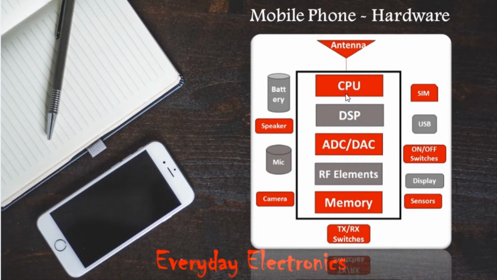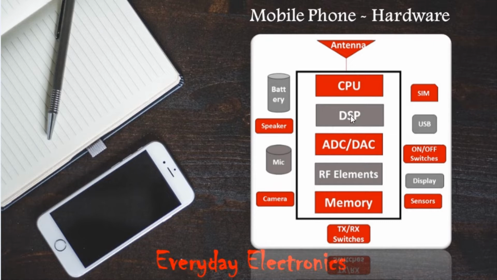First, about the central processing unit. Actually, it is the heart of the design of the phone and it controls all the processing within the system, and various operating systems run on the particular CPU, that is Android, Windows, Apple or some other operating systems. So that's about the central processing unit.